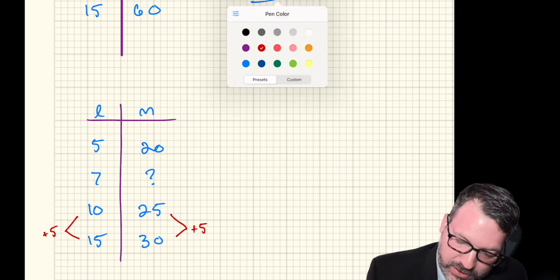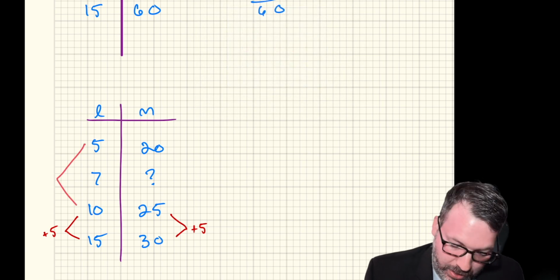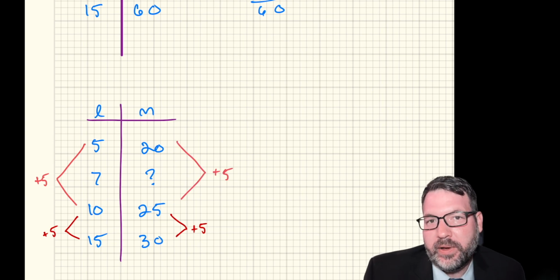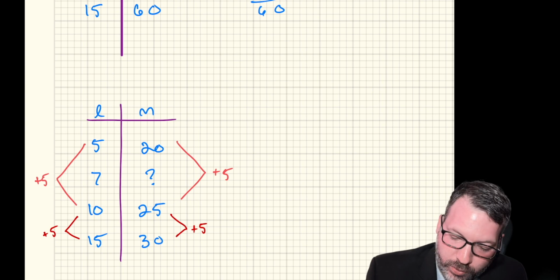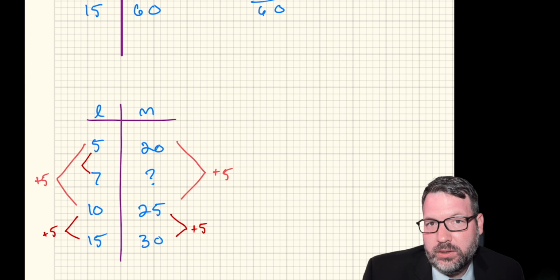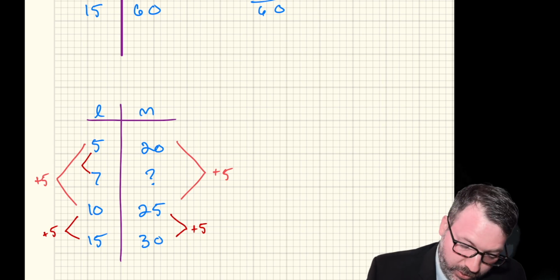In fact, if I skip back from my 5 all the way up to my 10, I was also going up by 5. And from my 20 all the way to my 25, again, I was also going up by 5. So if we're changing from 5 to 7, that means we're going up by 2. Very good.